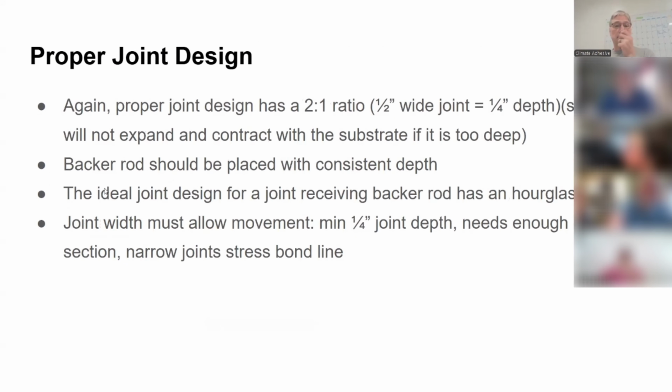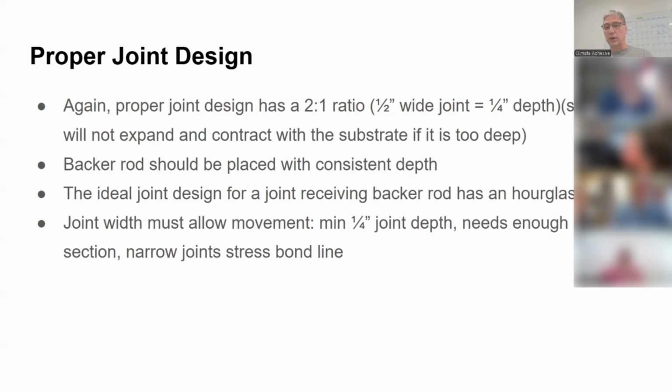And then again, proper joint design has a ratio of 2 to 1. It's not going to expand and contract with the substrate if the material's too thick. If you had a piece of rubber that's a 1/4 inch thick, you can grab it and pull it from side to side pretty easily. But if it's a 1/2 inch thick, you can hardly move that thing. It's the same kind of thing.